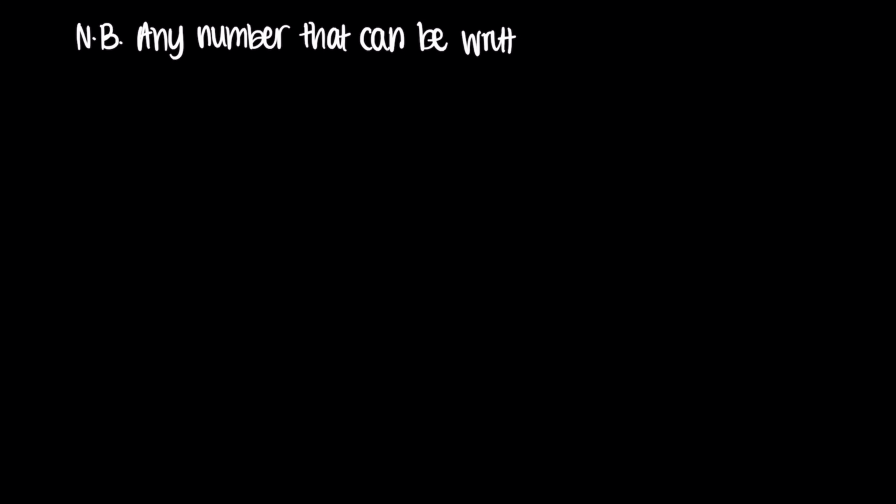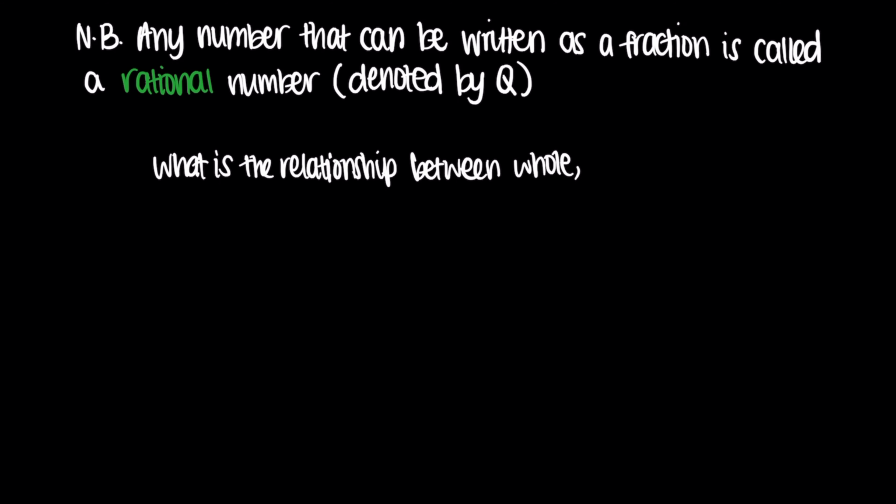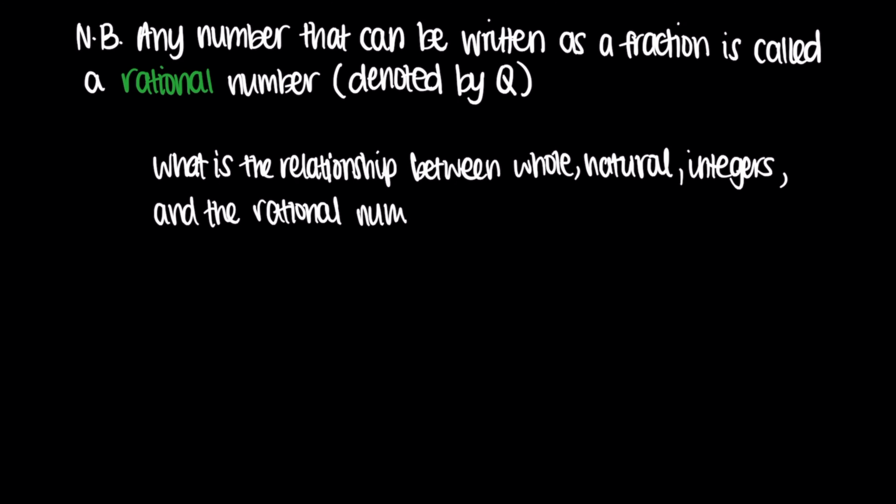Note well, any number that can be written as a fraction is called a rational number, denoted by Q. So now, what is the relationship between whole numbers, natural numbers, integers, and the rational numbers? If we recall from the previous lectures, we said that the set of natural numbers is a subset of the set of whole numbers, and that is a subset of the set of integers.